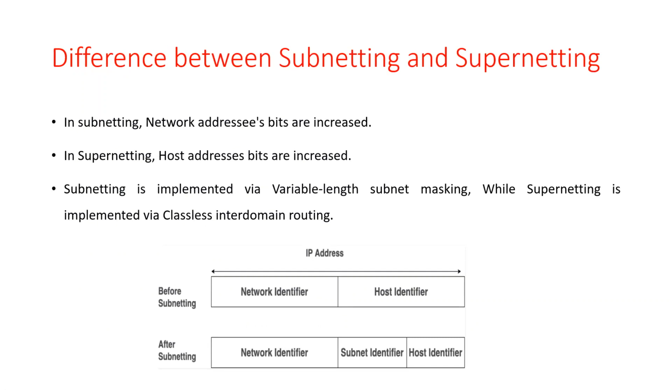Subnetting is implemented via variable length subnet masking, while supernetting is implemented via classless interdomain routing. Before subnetting, the IP address is network identifier and host identifier. After subnetting, we get network identifier, subnet identifier and host identifier.